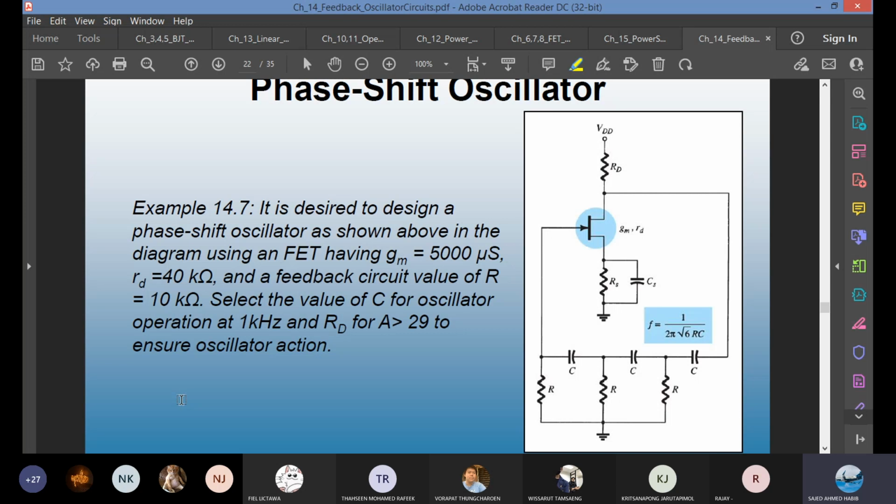This is not part of your course, but it is done using a classic network analysis theory. Beta A must be 29, and overall loop gain, beta A, greater than 29 in order to ensure oscillator operation. That's why.